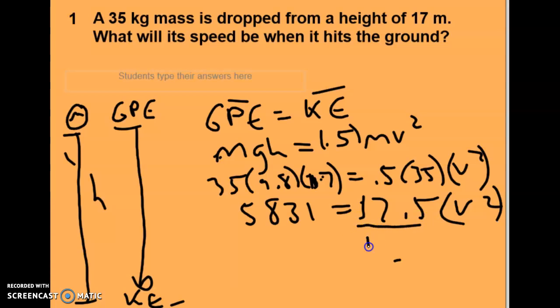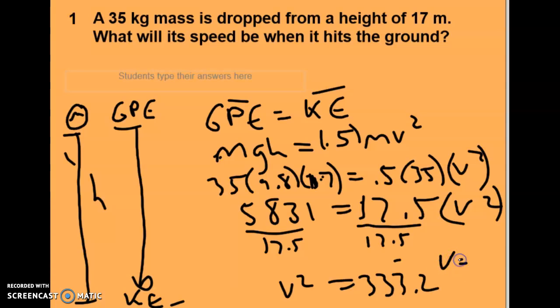Let me do that math on my calculator. The answer I get is v squared, which is on the right side, I'm just going to flip it, is equal to 333.2. I have to take the square root of that.